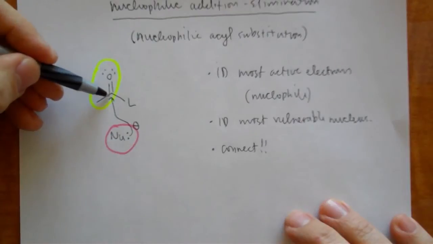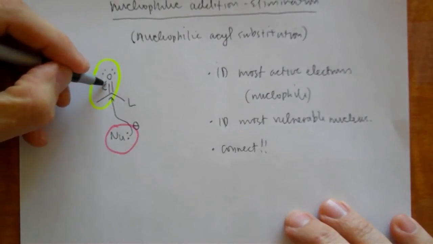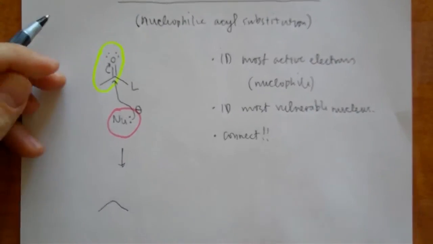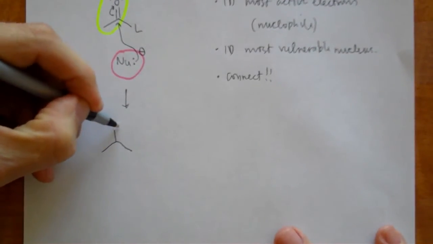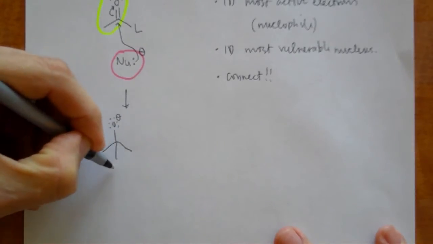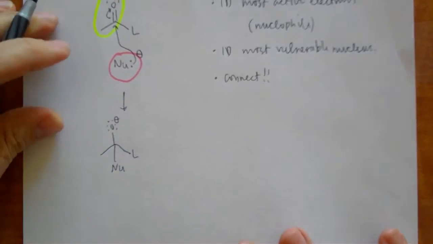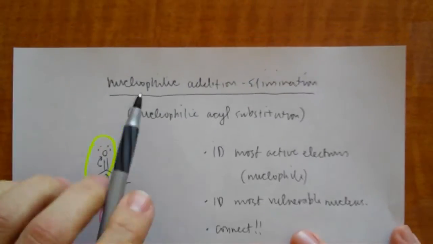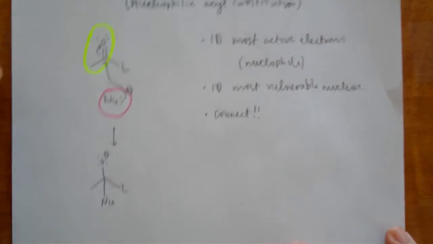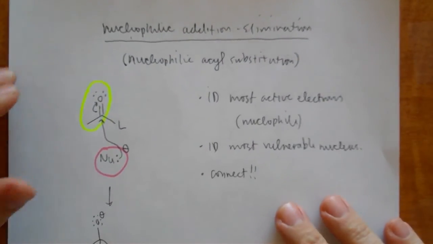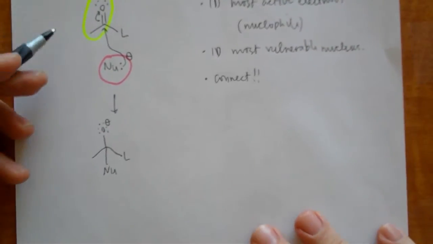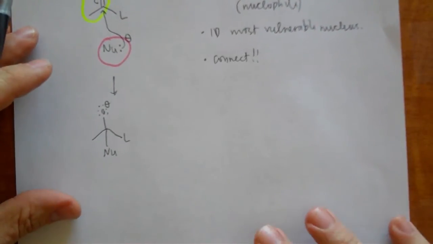Okay. Now that carbon's already got 4 bonds on it, so it's going to have to kick somebody off. All right. I'm going to do this down the page. Okay. And that's the nucleophilic addition step, right? We just added the nucleophile. Now, since this is nucleophilic acyl substitution, we're expecting that we're going to get a substitution just like SN1 or SN2, right?